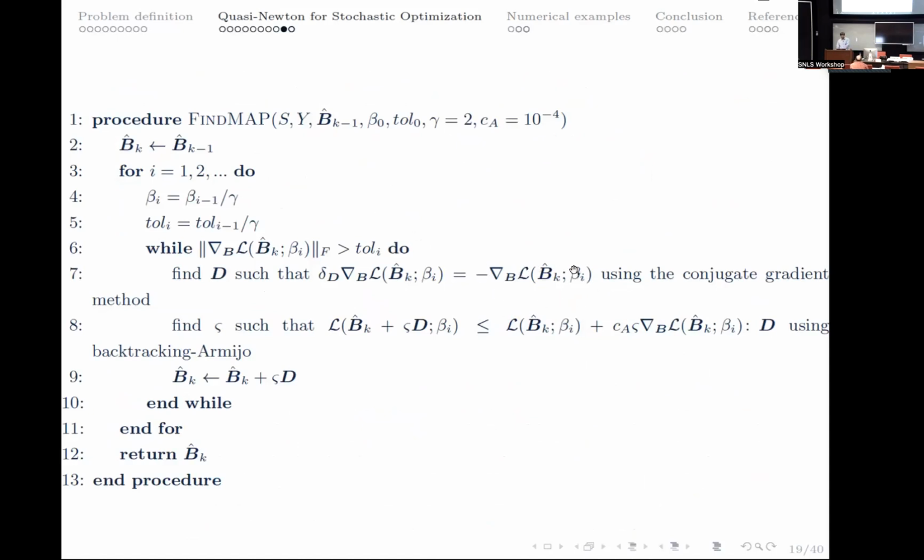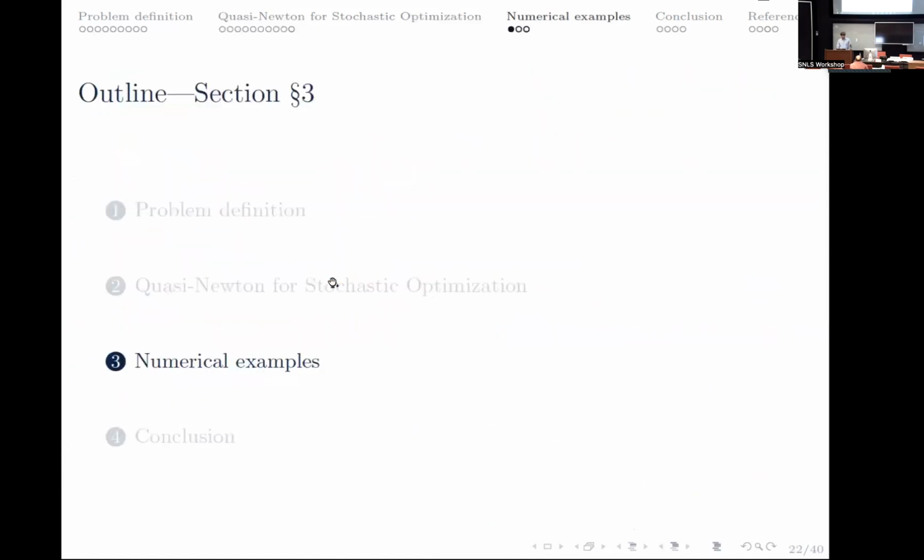This is the formula I just showed you, right? Then we also compute this other term here for some candidate direction D. And then we use the conjugate gradient approach to find D. So D appears here again.